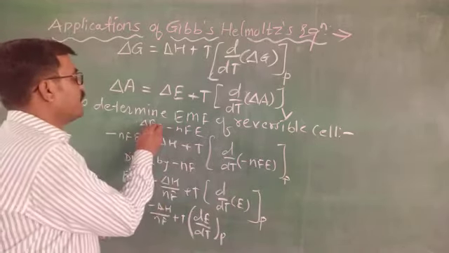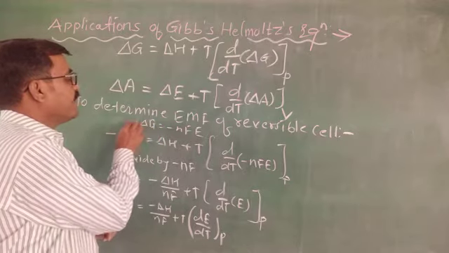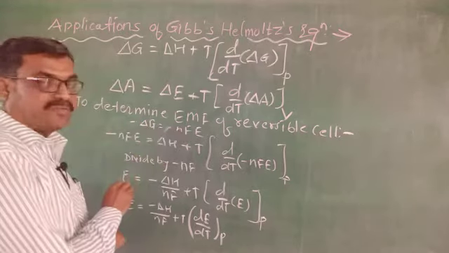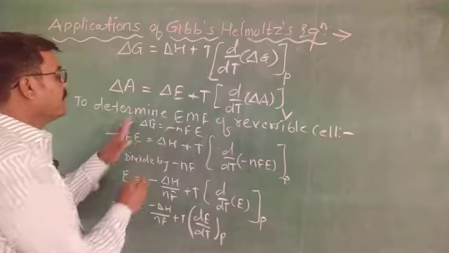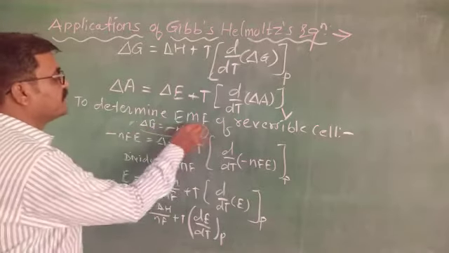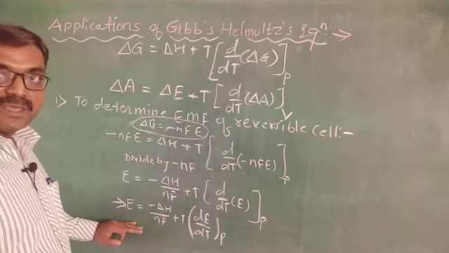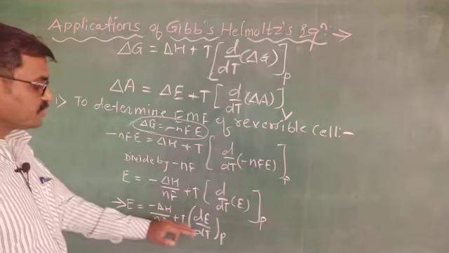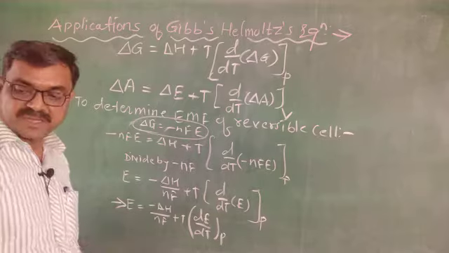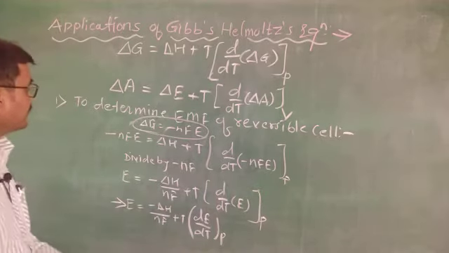Delta G equals minus nFE, or minus delta G equals nFE, the same thing. Now from this relation, put this value instead of delta G, then it gives E equals so much, and from this the EMF of the cell can be determined. This is the first application.